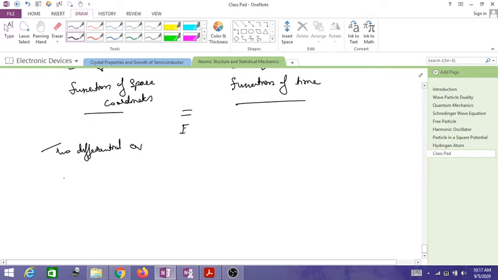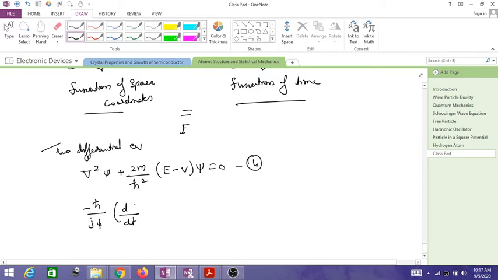We'll just consider the constant equal to E, and this will result in two differential equations. We get the gradient squared ψ plus 2m by ħ² of E minus V times the state function equal to 0. Let us call this equation number 4, and the other differential equation is minus ħ j phi d by dt of phi equal to E, some constant.